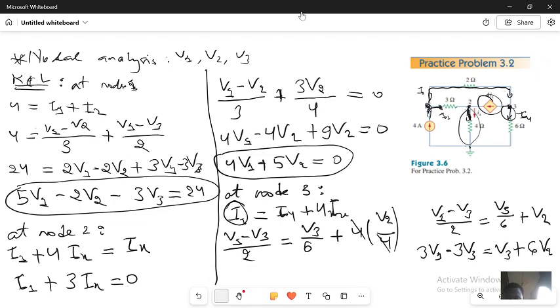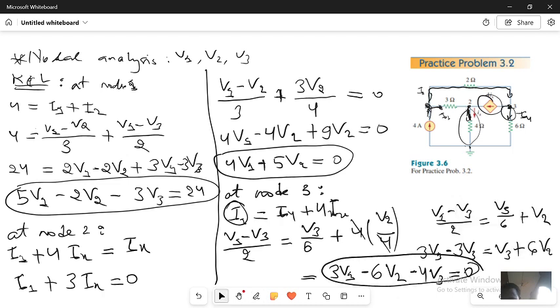By the end of the equation, I will get 3V1, but this 6V2 will come to this side, minus 6V2. This V3 comes to this side, minus 4V3 equal 0. So I found the third equation.